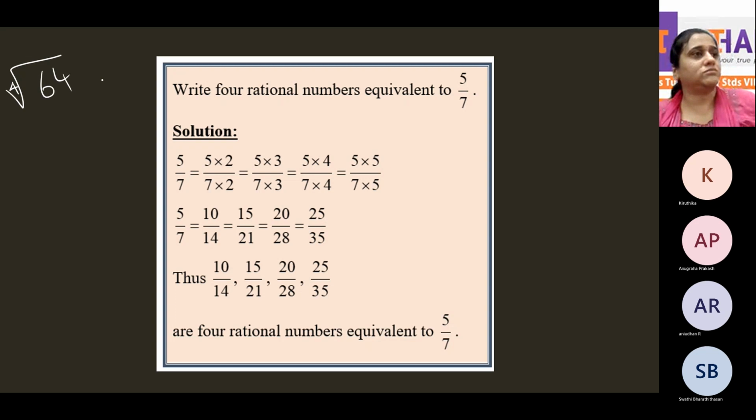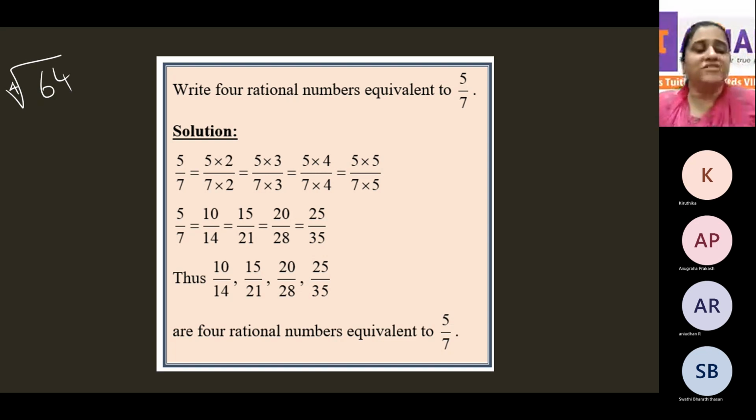64? Is there any natural number which when multiplied with itself 4 times produces 64? 4 into 4 into 4 into 4, how much? 4 into 4, 16. 16 into 4 is 64.